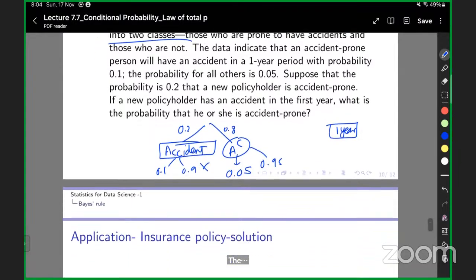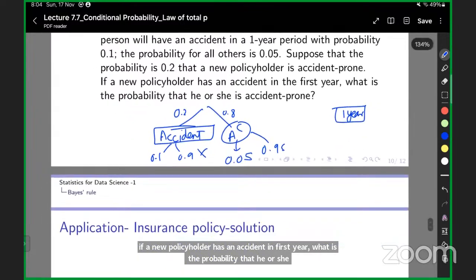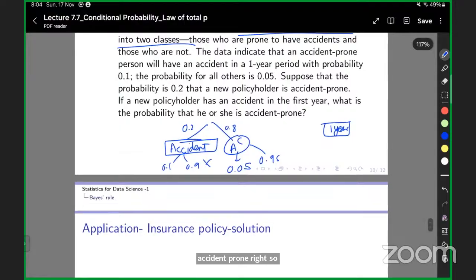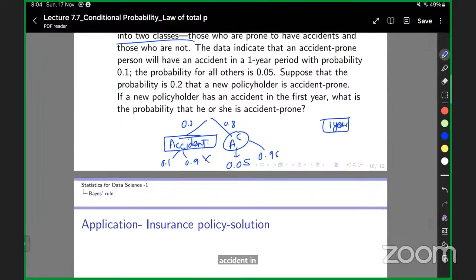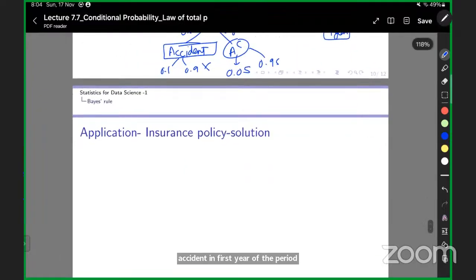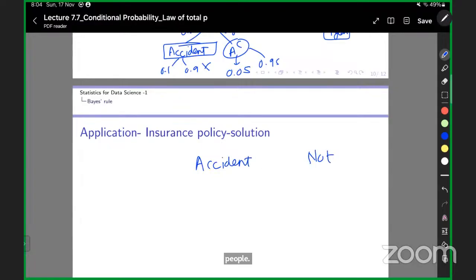So if a new policyholder has an accident in the first year, what is the probability that he or she is accident prone? So somebody who has an accident in the first year of the period, they could be accident prone people, or they are not. So they are coming from one of them, either this or that.